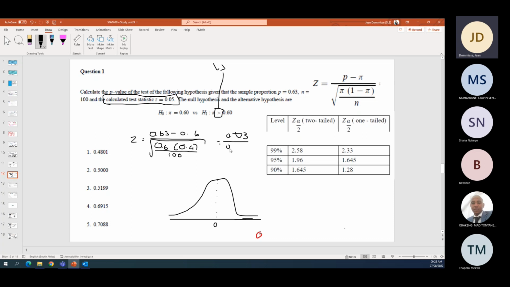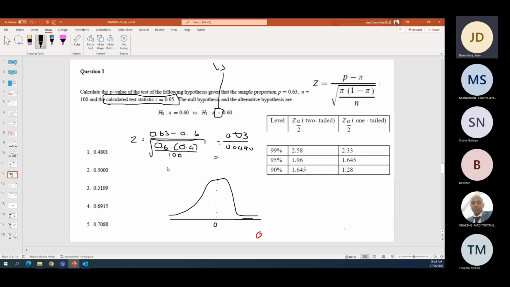That would have given us 0.0490. If we then divide the one by the other, let's quickly see why. Oh, it is n.